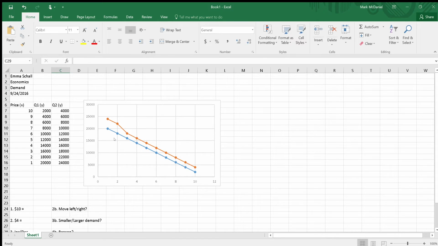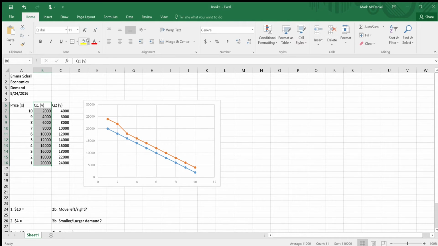So the blue line is the first quantity demanded. So we're going to put a blue box around that. We're just going to make it blue. Okay, so we can see at 10, there's 2,000 demanded, and as the price increases, the quantity demanded decreases.